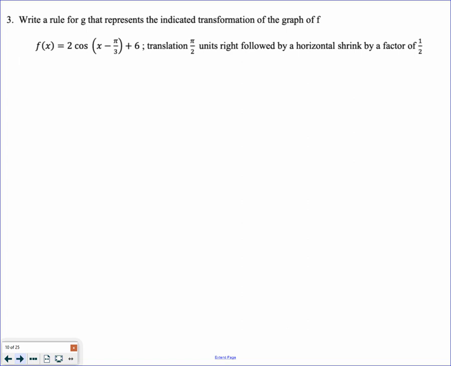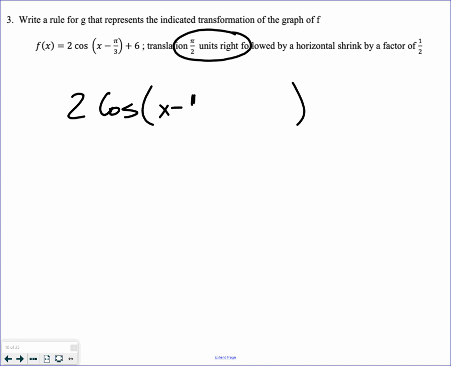Write the rule. So now they want me to do similar to what I did before. If I want to do a translation to the right, I want to replace x with x minus pi over 2. So I am going to replace the x. That's a translation to the right.